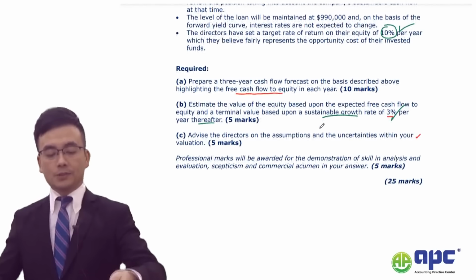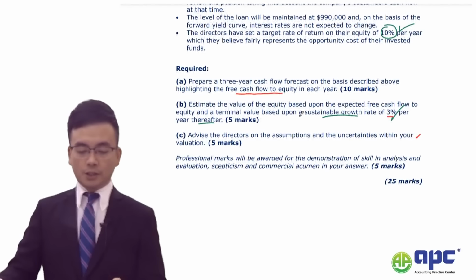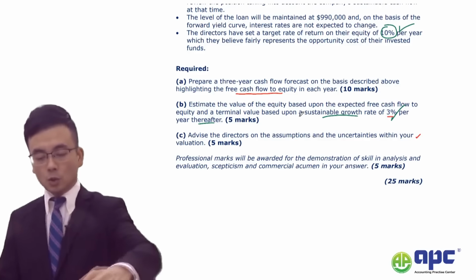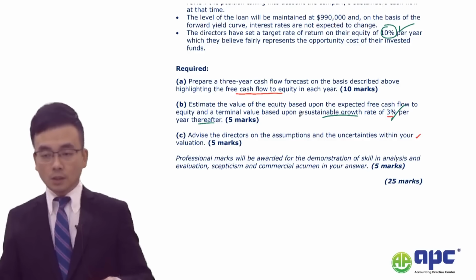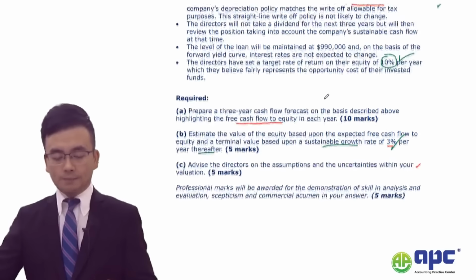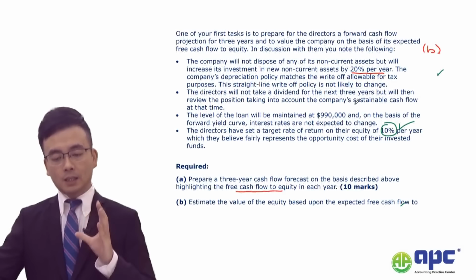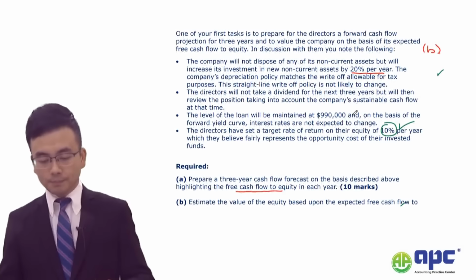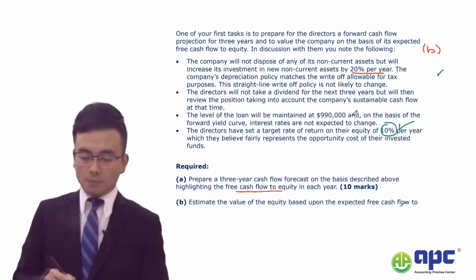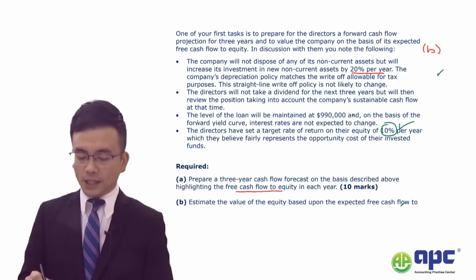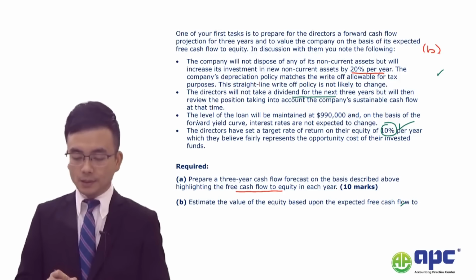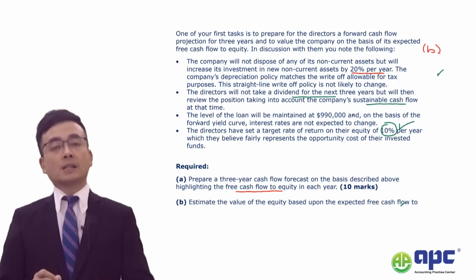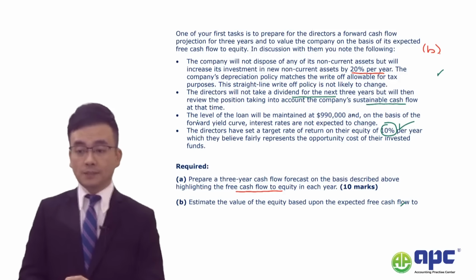Now, final requirements. Advise the directors on the assumptions and uncertainties in your valuation. Well, I will say that, firstly, looking back to the note and taking keywords out, for example, directors will not take a dividend for the next 3 years, but we expect the cash flows will grow by 3% each and every year.